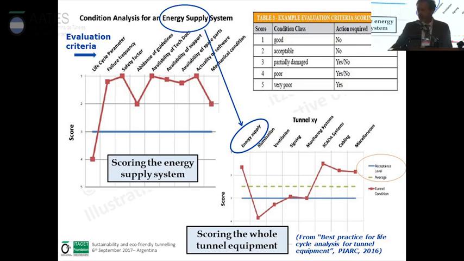And the second scheme takes the average score for the energy supply system, the average for ventilation, the average for monitoring, the SCADA system.